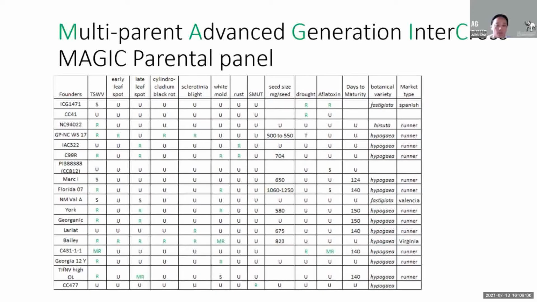And these founders also cover all 4 market types of peanut. So with this highly diverse panel of parents, this population upon construction can be used widely for fine mapping of all these important traits that would increase peanut yield and protect its yield potential by fine mapping those disease resistances.